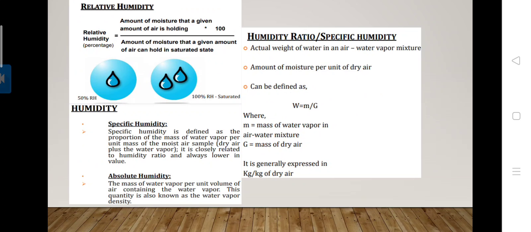It can be defined as W is equal to m divided by g, where small m is the mass of water vapor in the air-water mixture, and g is the mass of dry air, and is generally expressed in kg per kg of dry air.